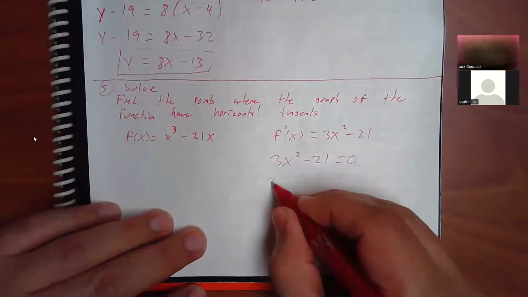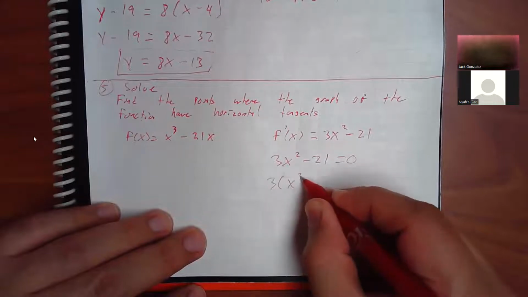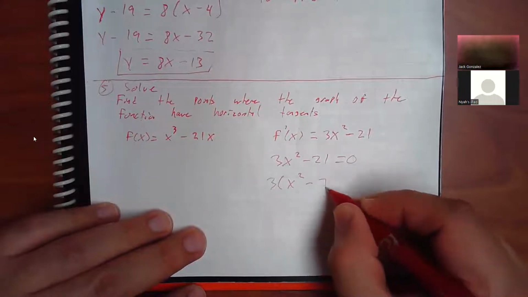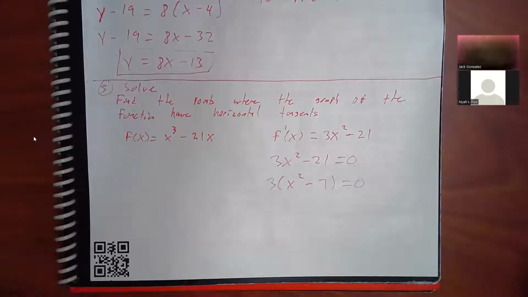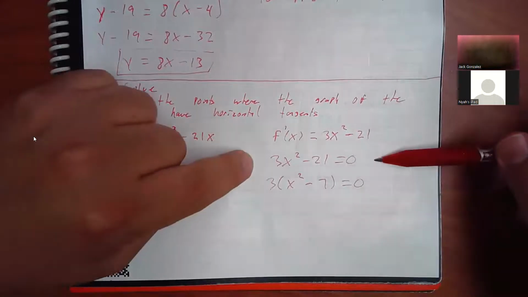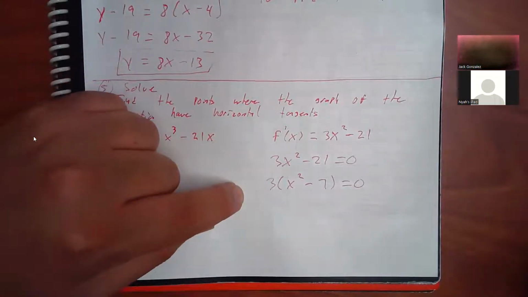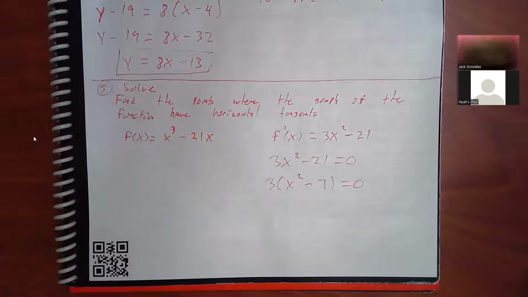So whatever x value you get, that value is the location that gives you a horizontal tangent, or makes the derivative zero when you plug it in.